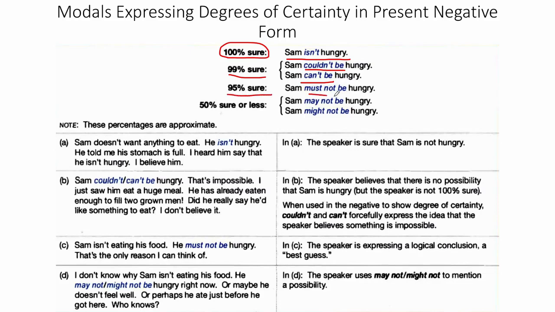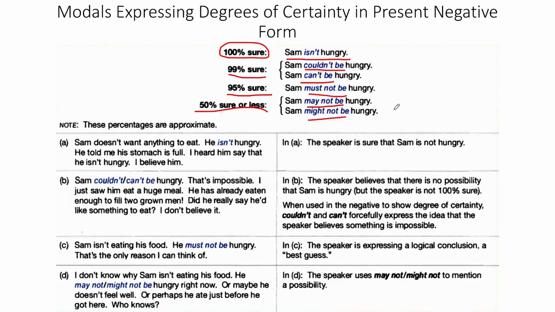Here we use the modal must not be hungry. Sam must not be hungry. You are also very much certain, but not 100%. There is a little bit of doubt in there. And when you are half-half, there is a lot of doubt going on in your mind and heart, like 50% sure or less, we use the modals may not, might not be.